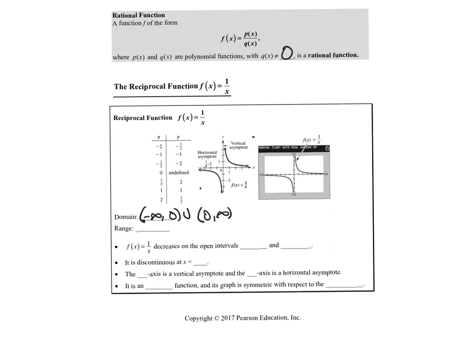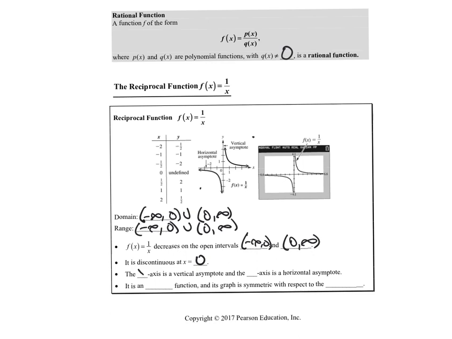And then the range is the same thing. Negative infinity to 0, union 0 to infinity. And it decreases on the open interval, negative infinity to 0, and 0 to infinity. It's discontinuous at x equals 0.